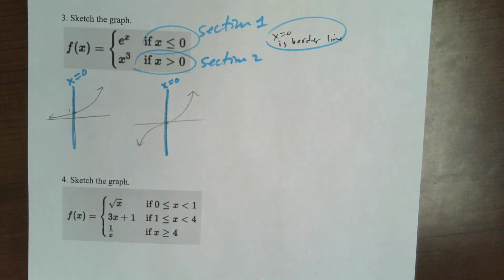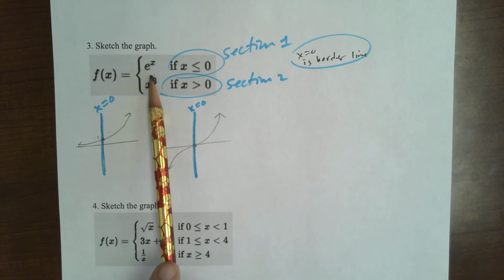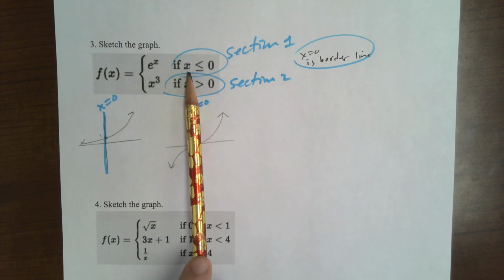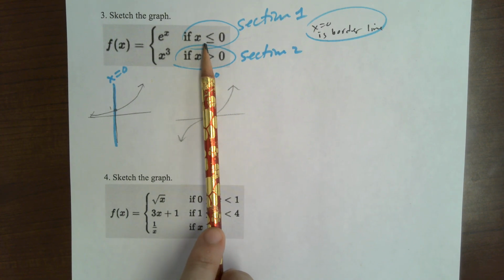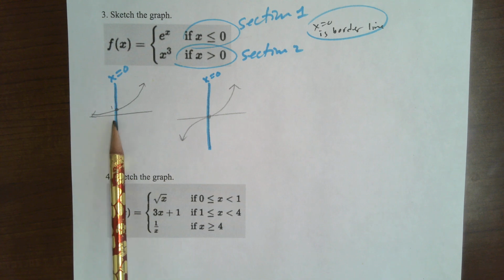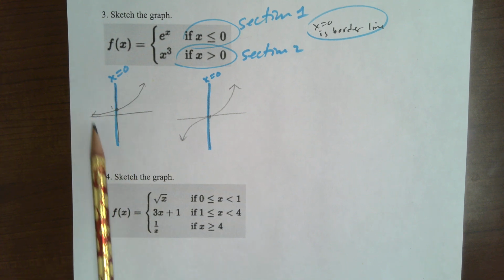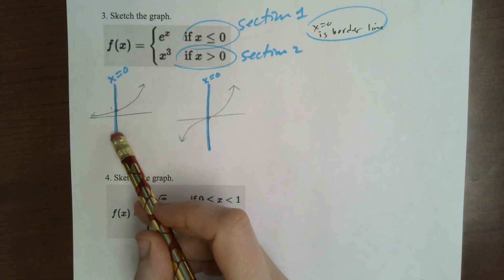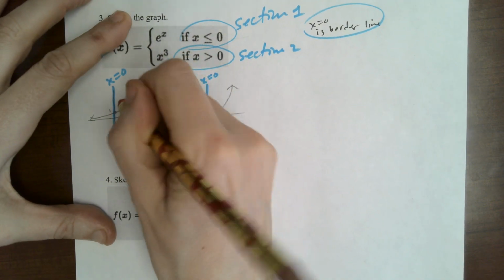Then I'm going to erase the side on the borderline that I don't need from each graph. They're telling us up here to use this graph for section 1. Section 1 is where all of the x's are less than or equal to 0. So section 1 is the second and third quadrants, basically. That's all that we're using this for. So I could just go like that.